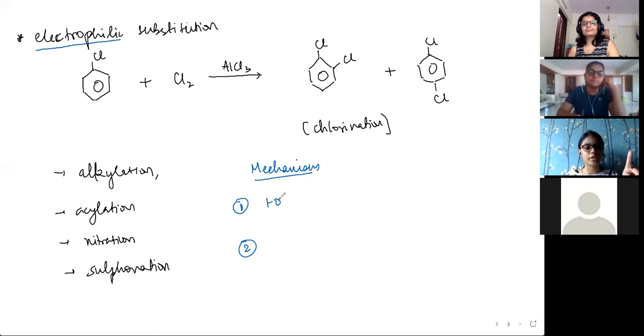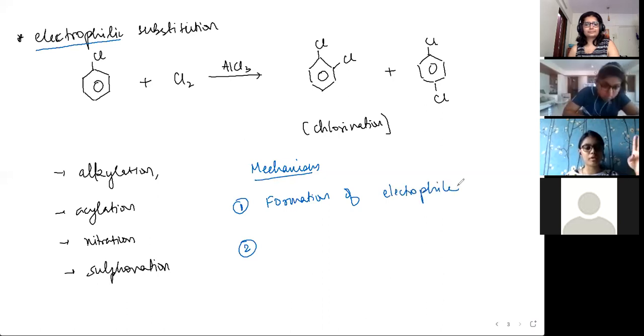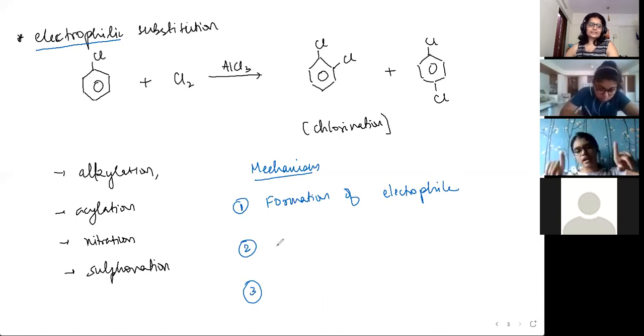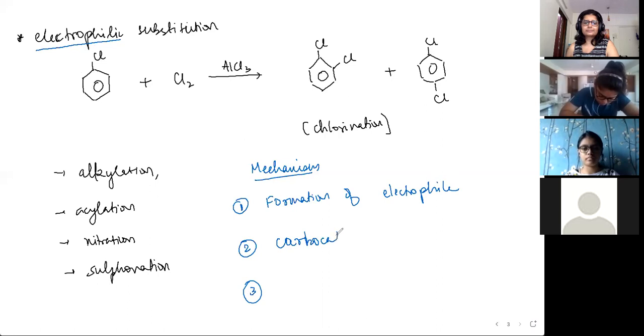So formation of an electrophile, then this electrophile will attack the aryl ring. And that's when you get the carbocation. So after attack of the electrophile, and then removal of proton.